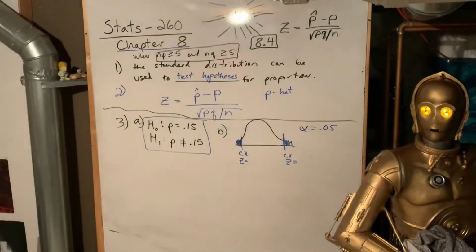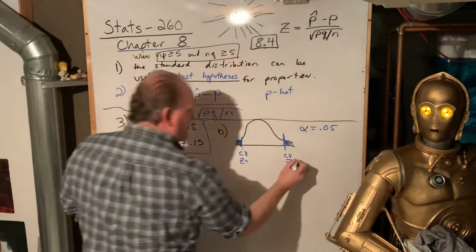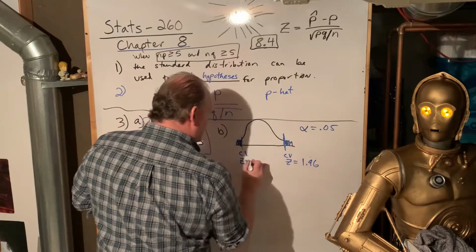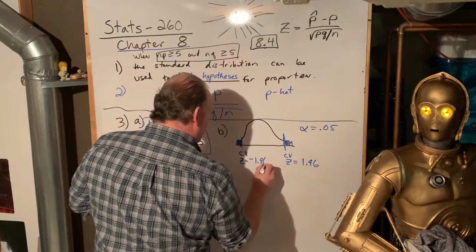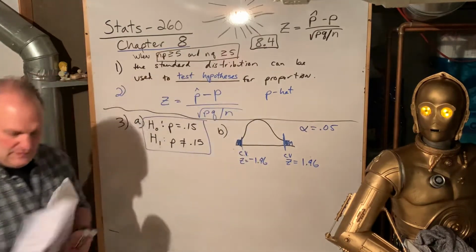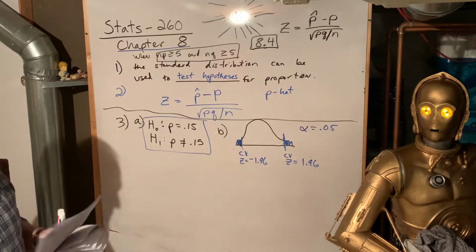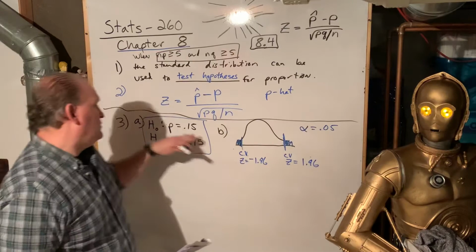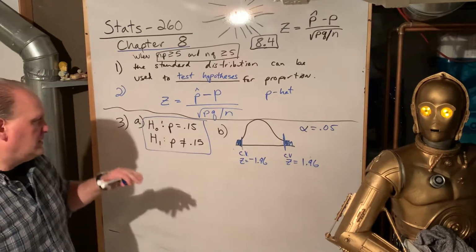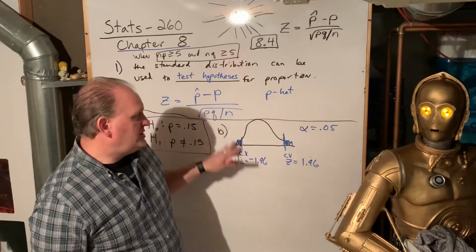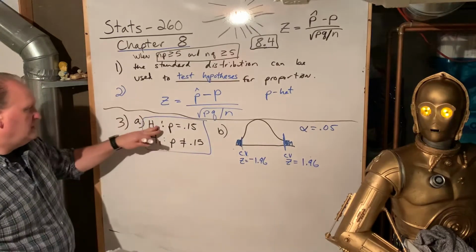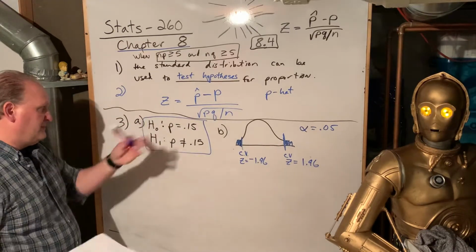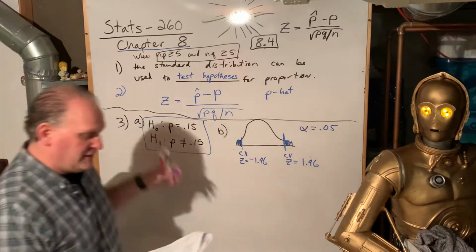It's 1.96, and this is going to be negative 1.96. If it falls into the shaded area, we'll reject the null and conclude the alternative. If it falls into the unshaded area, we fail to reject the null.